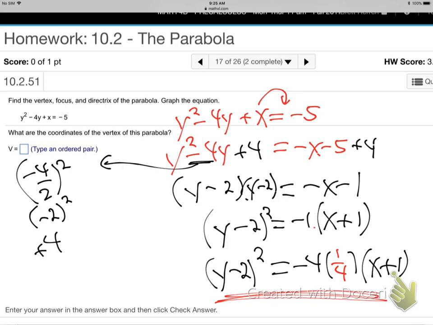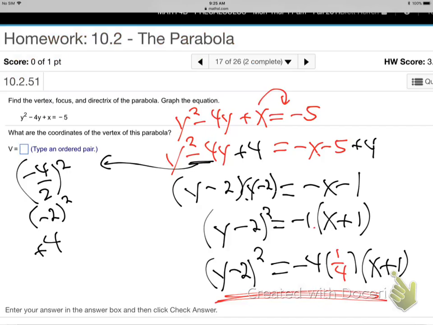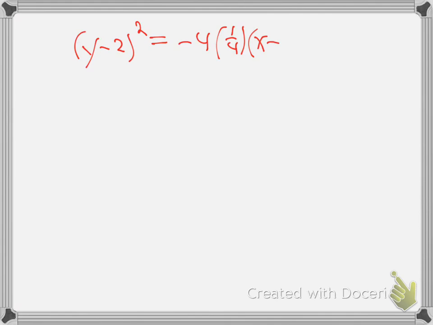Good. Y minus 2 squared equals minus 4 times 1/4 times something x plus 1. Good to there? So what's the center?